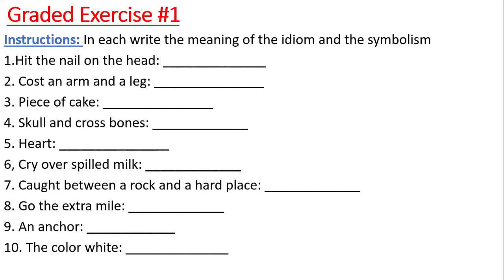Number 3, piece of cake. Number 4, skull and crossbones. Number 5, heart. Go ahead, Sean. Number 6, cry over spilled milk. Number 7, caught between a rock and a hard place. Number 8, go the extra mile. Number 9, an anchor. Number 10, the color white.